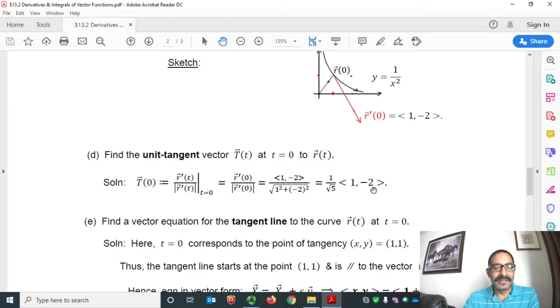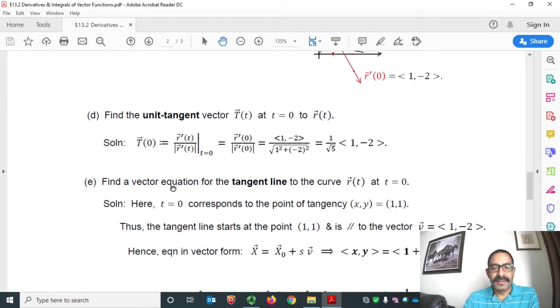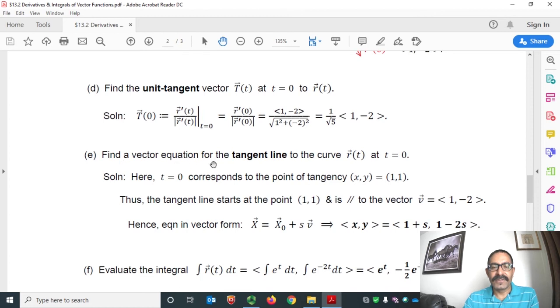Let's move on. Part E, find a vector equation for the tangent line to the curve at 0. To find the tangent line, meaning the equation of a line, we need two pieces of information: a point and a parallel vector. So let's find the point.